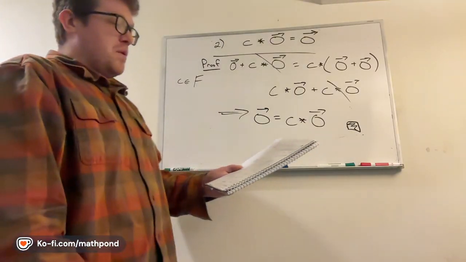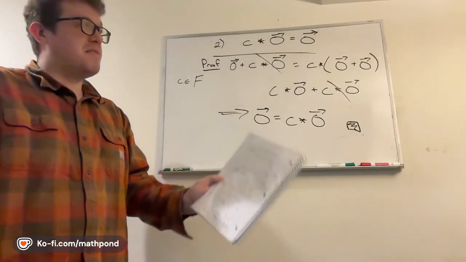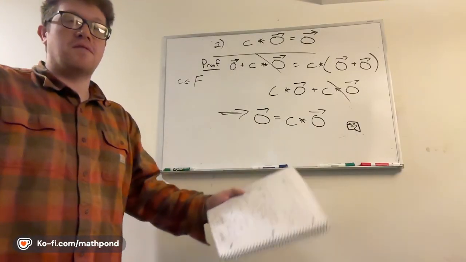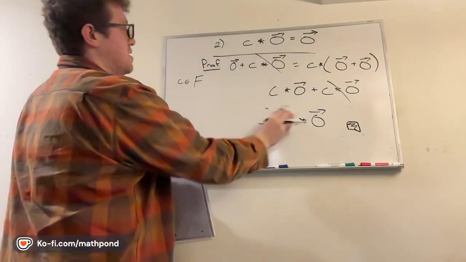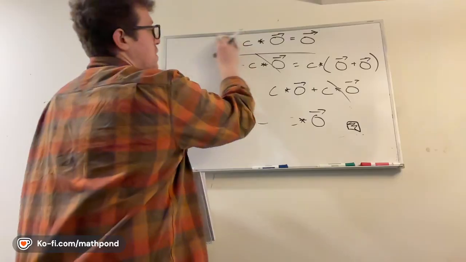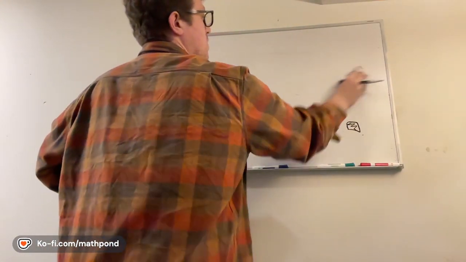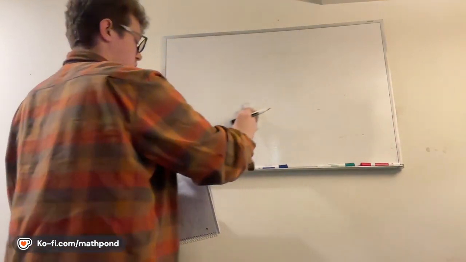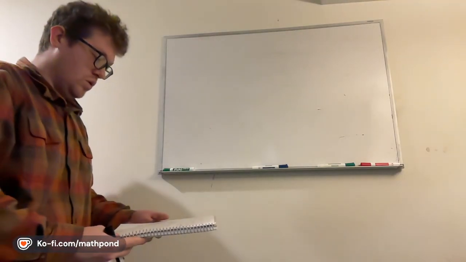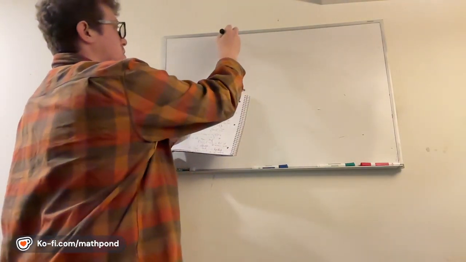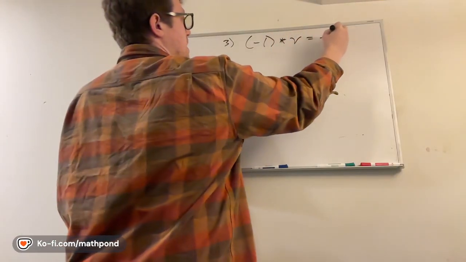Okay, and then the last one we want to show is that if I multiply a vector by the scalar -1, then I get the additive inverse of that vector, or sometimes we'll write it as negative v. So that's the last one, number 3. Last one, we want to show -1 times a vector is the additive inverse of the vector.